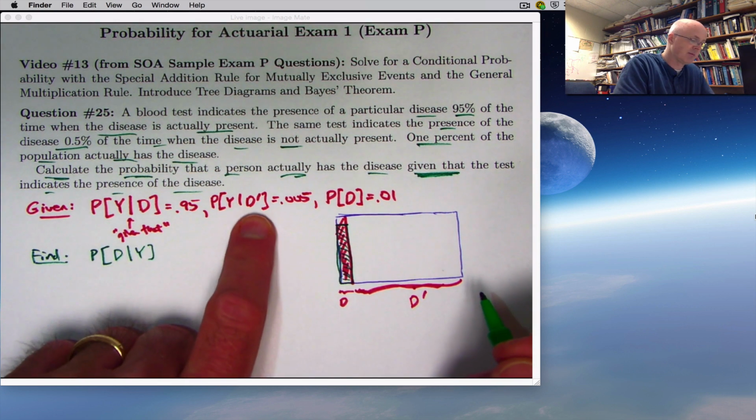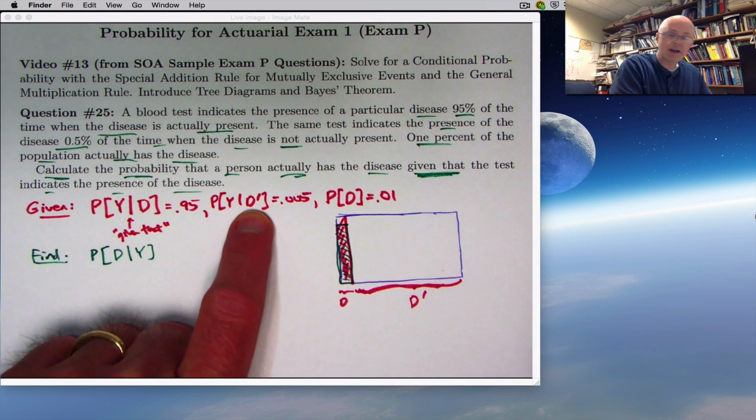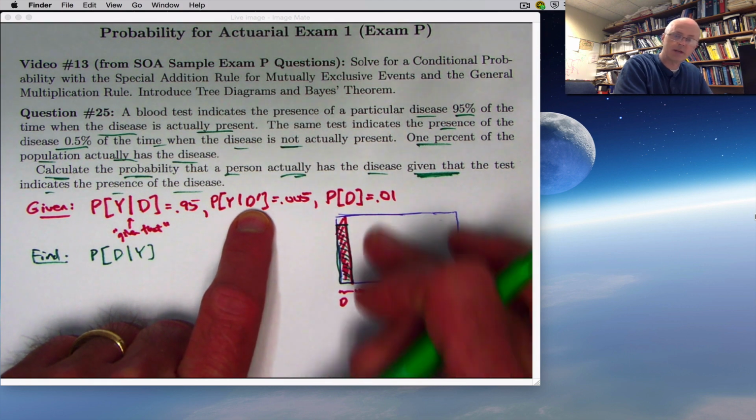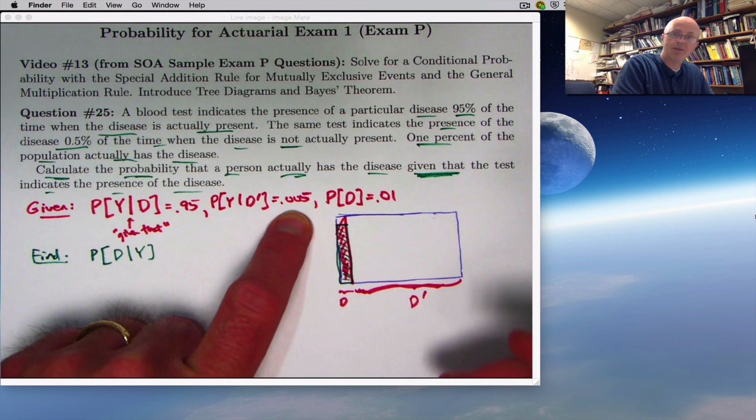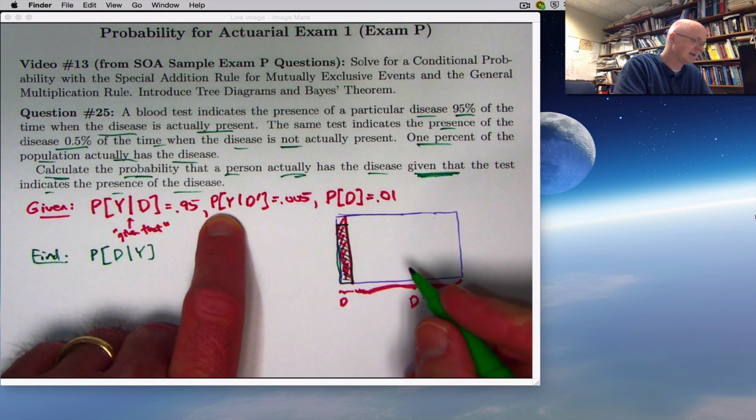What about this conditional probability? There, the given that is D prime, when they are known to not have the disease. Those are the people that are standing over here. 1/2 of 1% of them have a test that comes back positive, falsely. Gives a yes result, even though they don't have the disease.